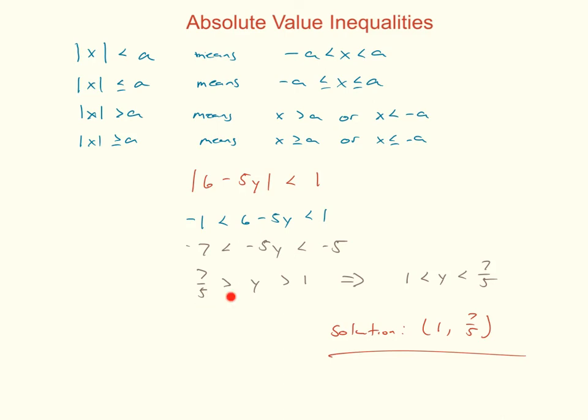So I have 7 over 5 is greater than y greater than 1. But remember also, compound inequalities should always be written with a less than symbol, so I have to switch this around. So I get 1 is less than y less than 7/5. My solution on this is just going to be the open interval from 1 to 7 over 5.